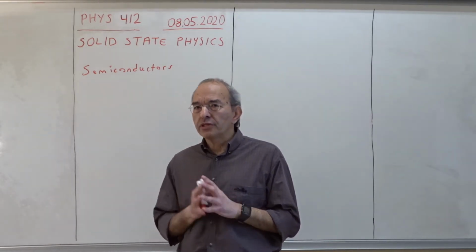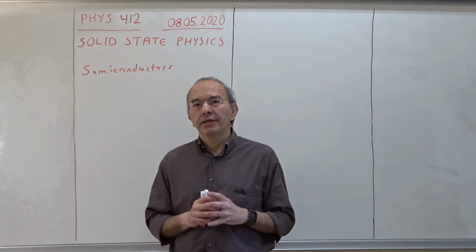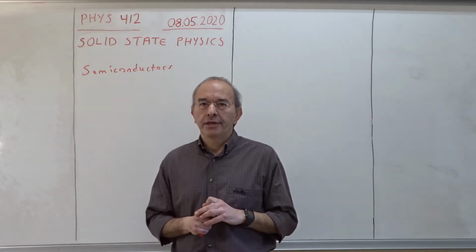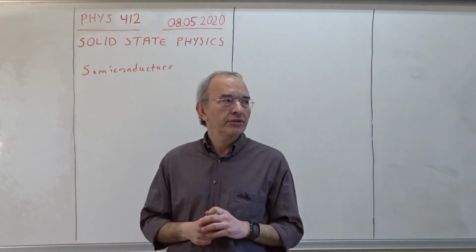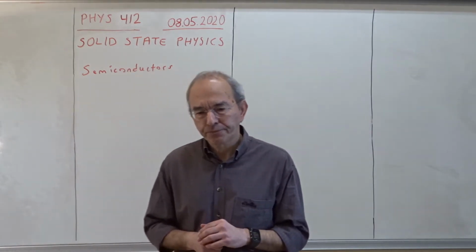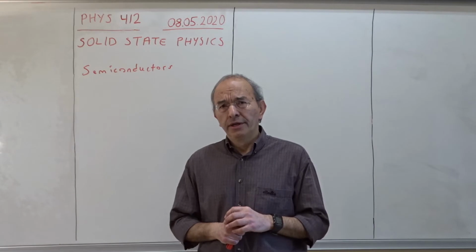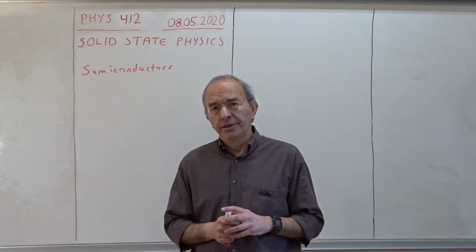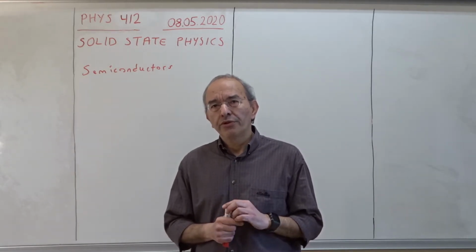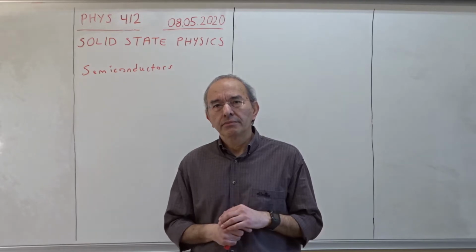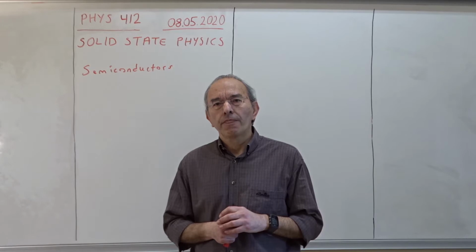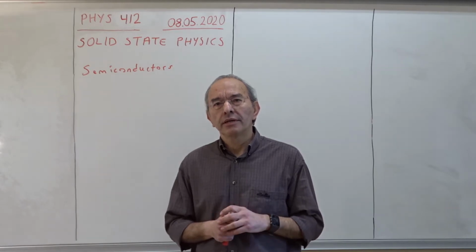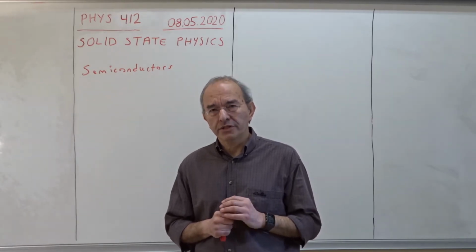Today we will first see the basic ideas about these materials, which are very widely used, and the transistor, for instance, was one of the products which earned three people a Nobel Prize in physics.